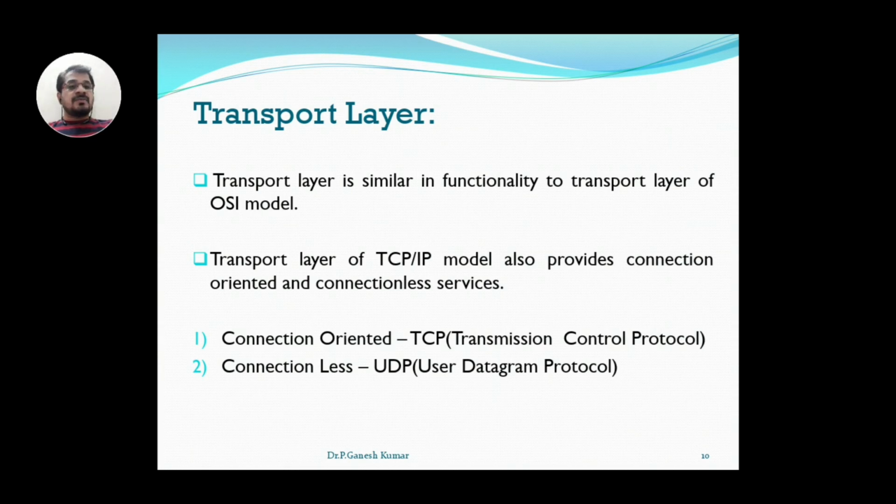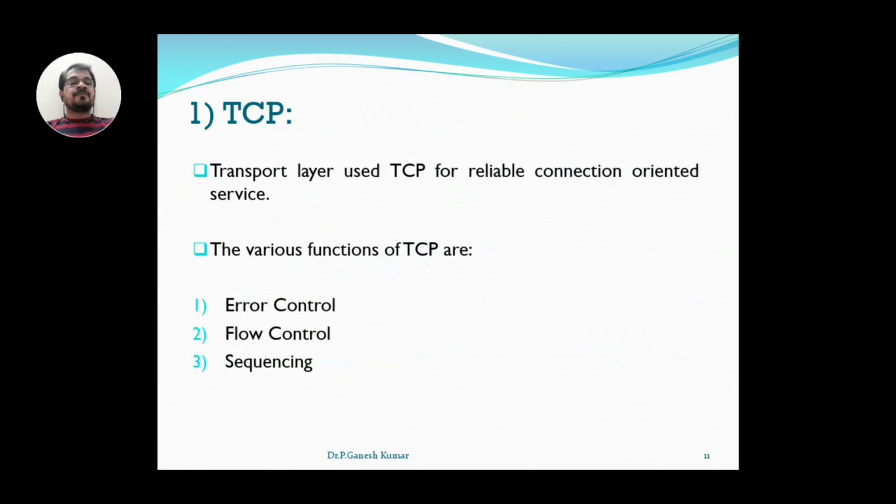Whereas UDP, User Datagram Protocol, supports connectionless communication. Here, the main point in UDP is how fast the packet is delivered, but it doesn't bother about how accurate the data is. For real live streaming purposes, we can go with UDP, whereas for highly accurate data transmission, we have to go with TCP, which is in the transport layer.